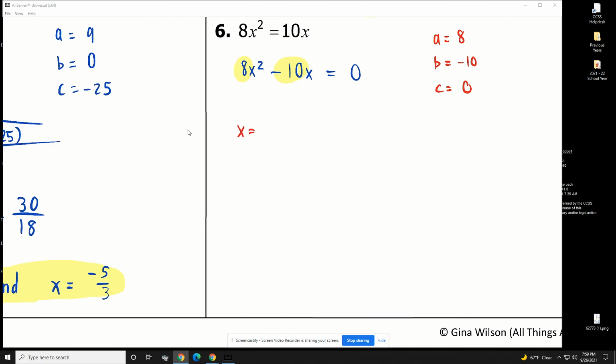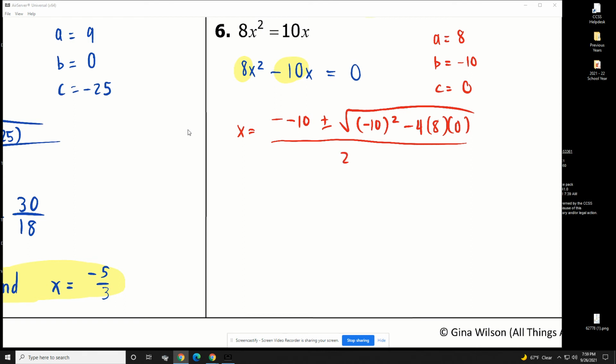x equals negative b plus or minus the square root of b squared minus 4 times a times c, and all of this is divided by 2 times a. Alright, so let's clean this up a little bit. What happens to minus negative 10? 10 plus or minus, leave the square root alone.